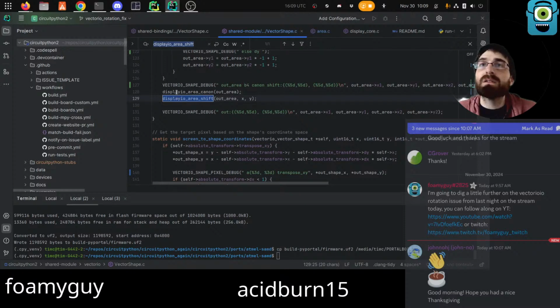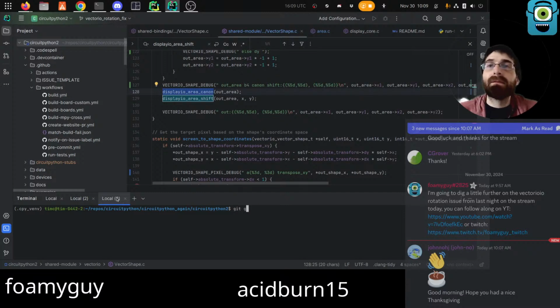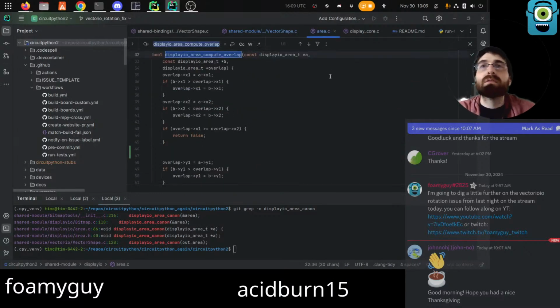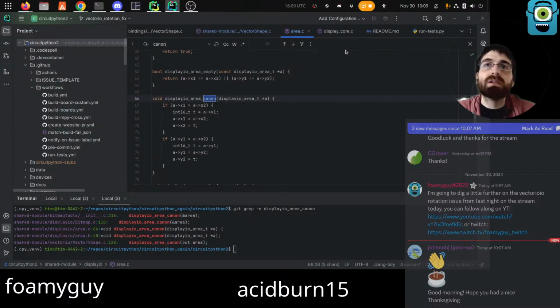Just exist, huh? Area. Area A x1. So if A x1 is greater than x2, I guess temp probably equals x1. So it swaps.